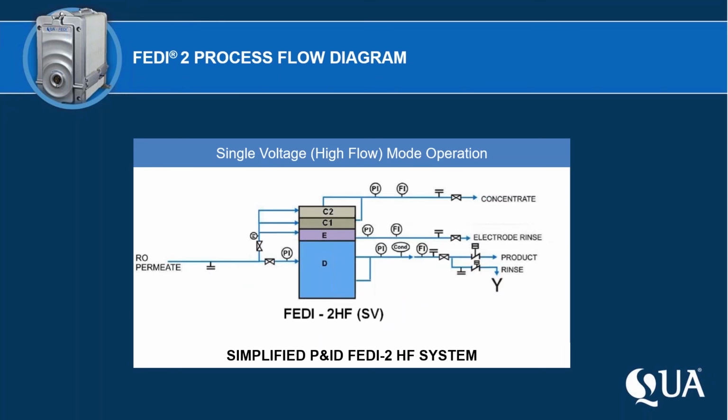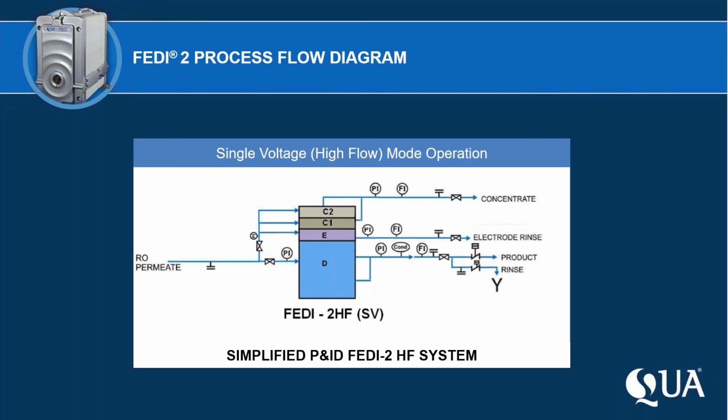And this is pretty cool. As you saw, we have the two stages where we control the concentrate. You can also control the dilute or the deionization stream. You run one stream in, we split it off, and you decrease the residence time of your diluting, or the time the water's in the diluting compartment, by half.